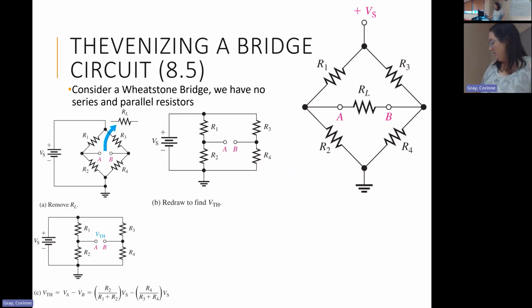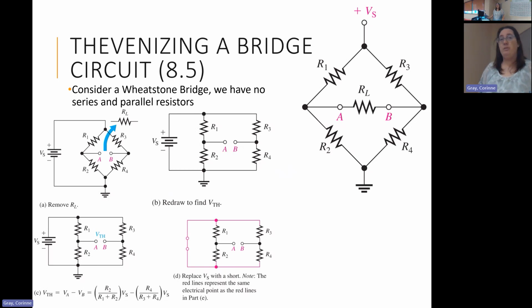Once you have this, you redraw it. Here we're getting rid of the battery and replacing it with an ideal wire. This is going to change how we view these resistors, because now I don't have a circuit component between where R4 and R2 come together and where it goes to R2 and R3.